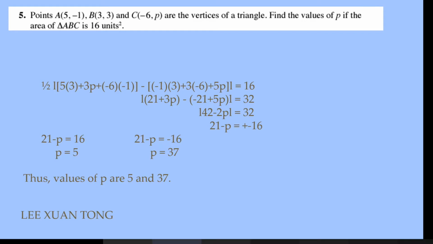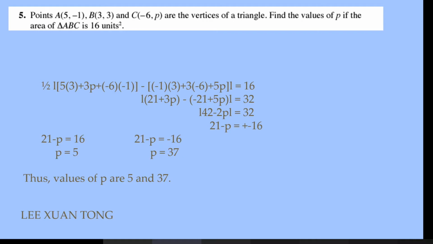Because 16 times 2, we throw the 1 over 2 to 16. So it is 42 minus 2p modulus is 32 units square. And I divide by 2, so it's 21 minus p equals positive and negative 16.